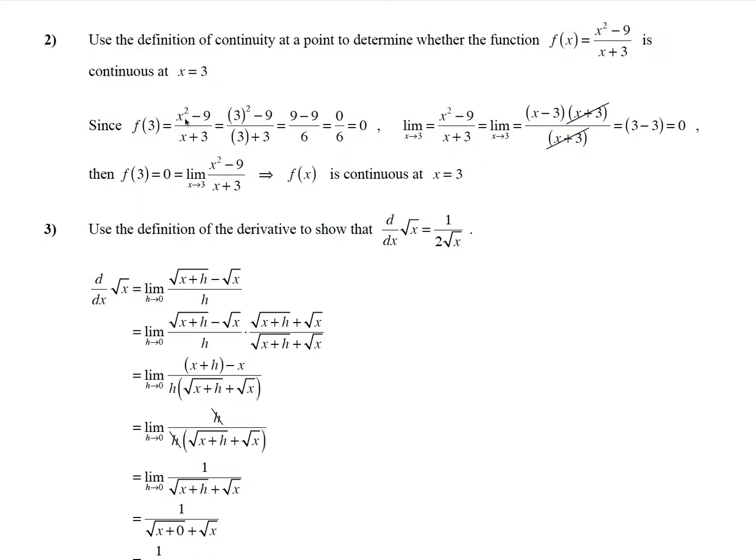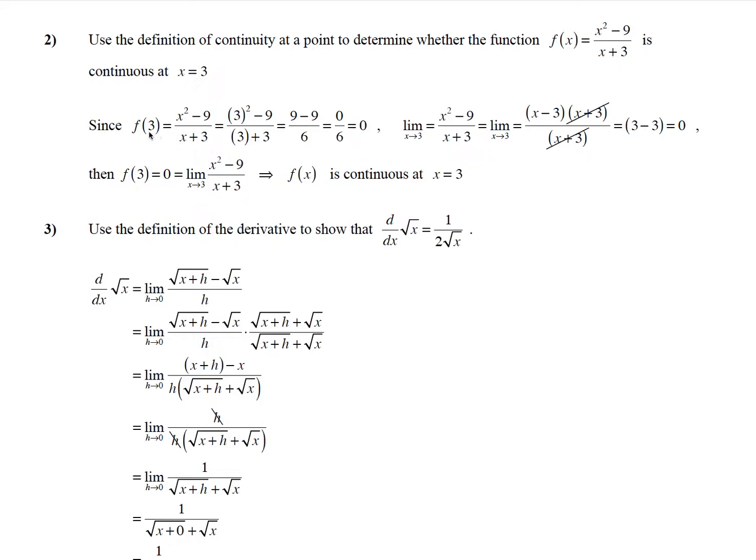So that means that wherever we've got an x, we put a set of parentheses, and inside those parentheses we place the argument. Remember, the argument is whatever is inside these parentheses. So we substitute a 3 for x. 3 squared is 9, 9 minus 9 is 0, and as long as the denominator is not 0, then 0 divided by 6, and we see that the denominator is 6, is 0.